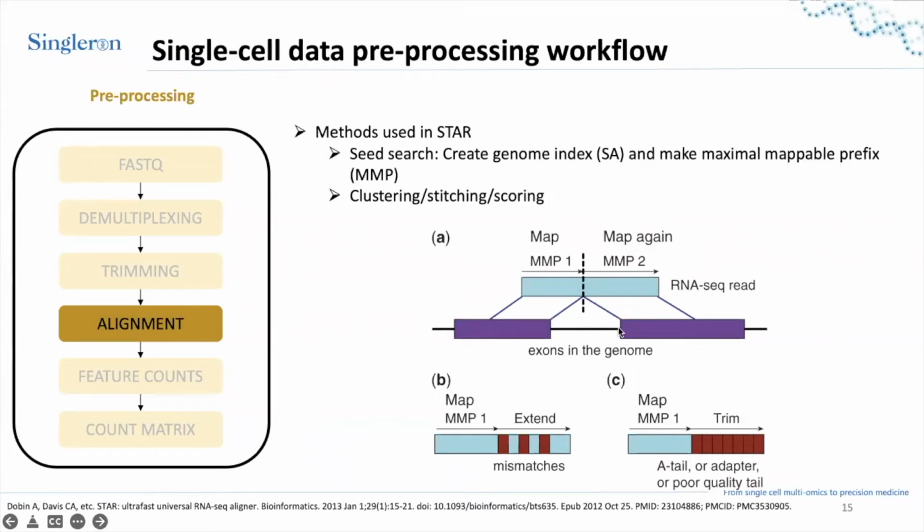Eventually, after we have these mappings from different iterations, there is a clustering process to group all of the identified, aligned seeds, with some stitching. Finally, there is a score from the local alignments to take account of the mismatches, insertions, deletions, and splice junctions, so that we have a quantitative assessment of the alignment quality and the ranks, and then the reads can be assigned to each of the exons or genes accordingly.